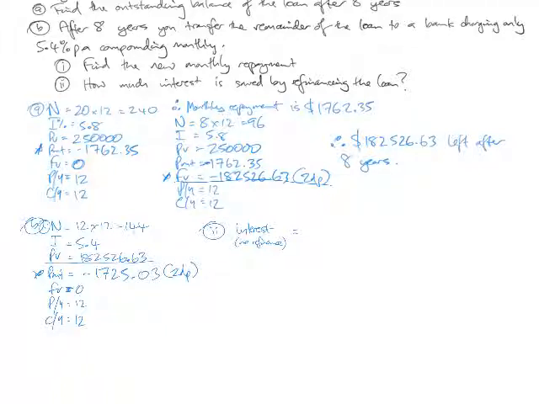So that is all from what we set up to do to start off with. So you were originally going to pay 240 times $1,762.35 for a loan of $250,000.